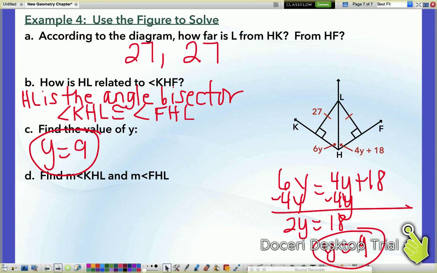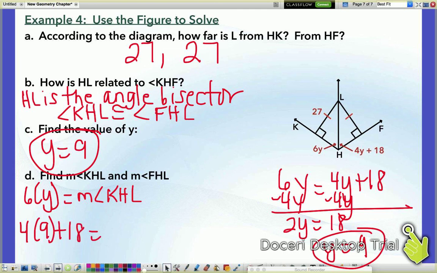So 6 times y would be the measure of KHL, and 4 times y plus 18 would equal the measure of FHL. I wanted to put 9 in there. Okay, so that's 54. This hopefully is 54, and it is.